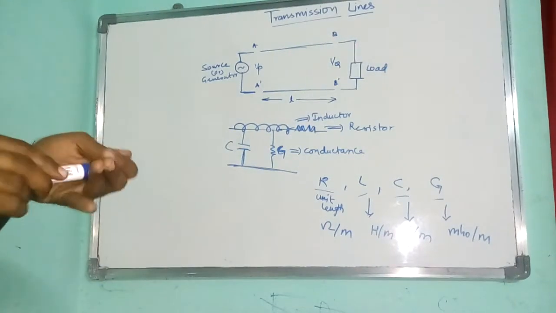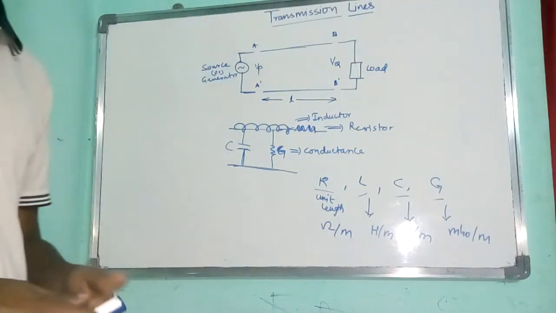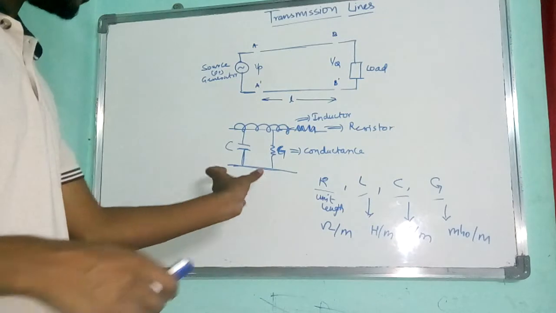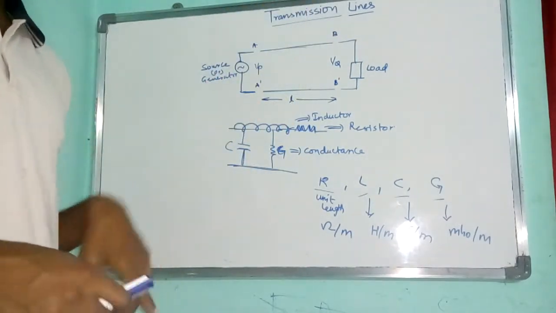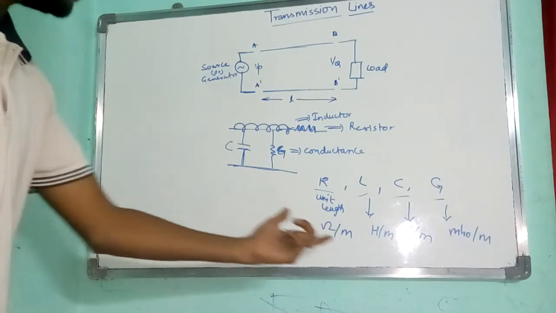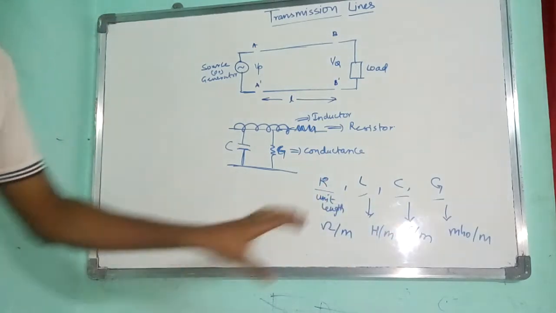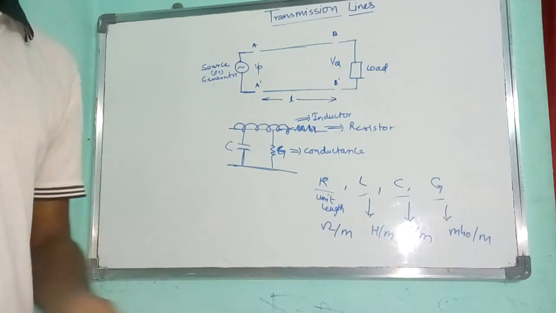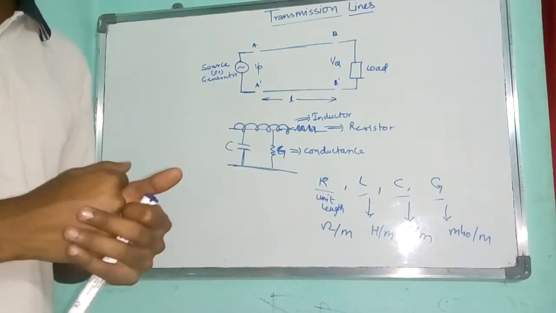This is the way they are defined in transmission lines. Those are all defined for unit length, because we are taking some part of the transmission line, a unit length part, say 1 meter, and we are defining them. So they are defined per unit length.